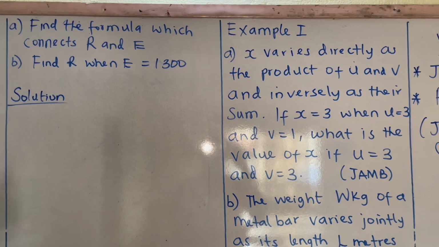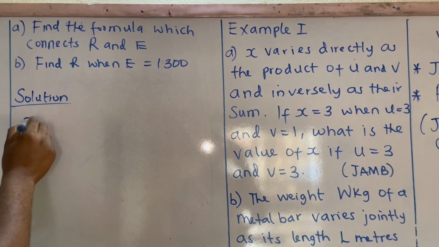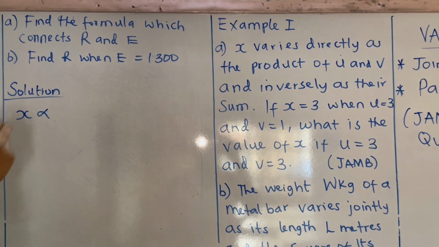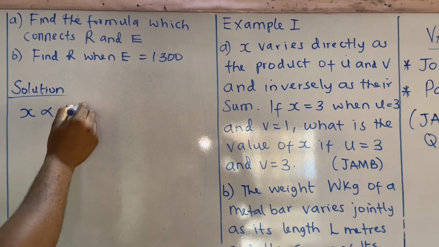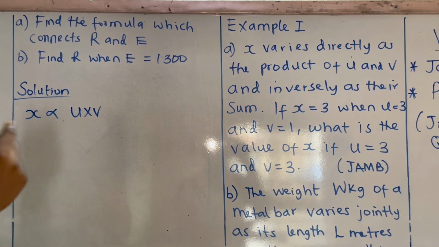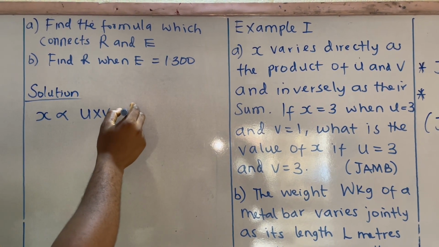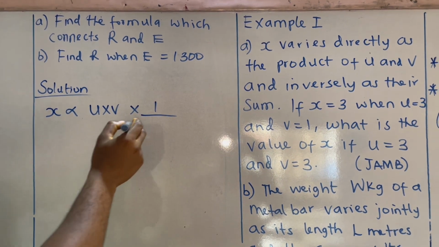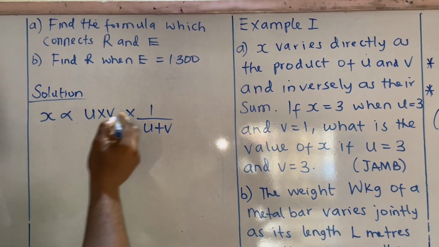Alright, now from the question we have that x varies directly as the product of u and v. So I have u times v, and inversely as their sum. That will be times 1 over their sum, which is u plus v.